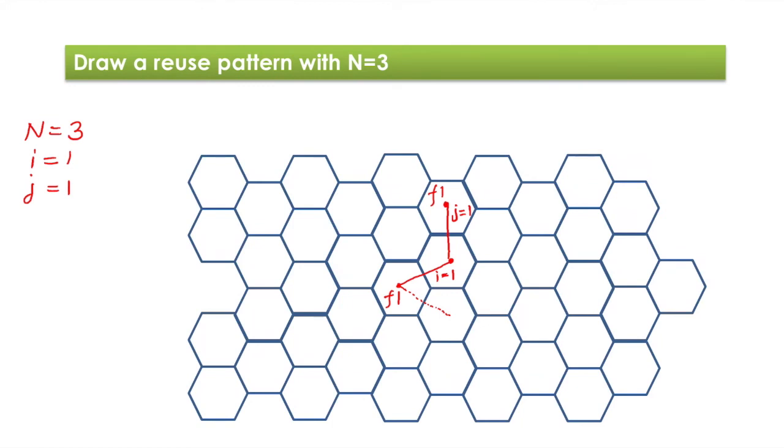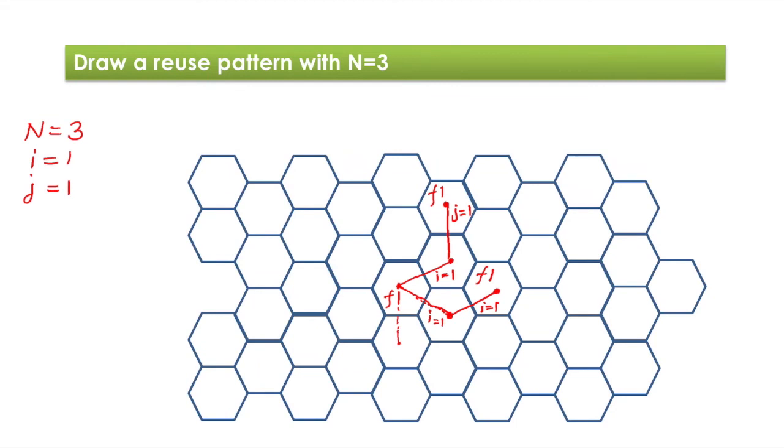So this is from this cell to this cell, i equal to 1, and with a 60-degree turn, j equal to 1. So now in this particular cell we can place that frequency f1 here like this. Now let us complete the other cells.